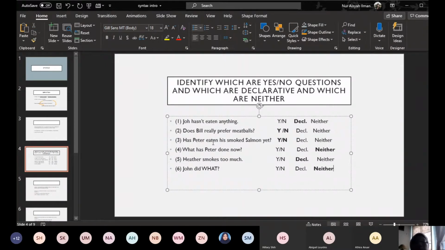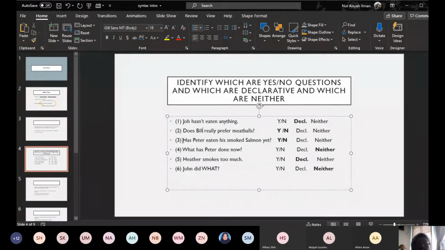If you look at the yes no question, let's look at sentence number 2. Bill really prefers meatballs. Bill is the subject, but in number 2 something has gone over Bill. Usually Bill would be at the top because he's the subject, at the beginning of the sentence.